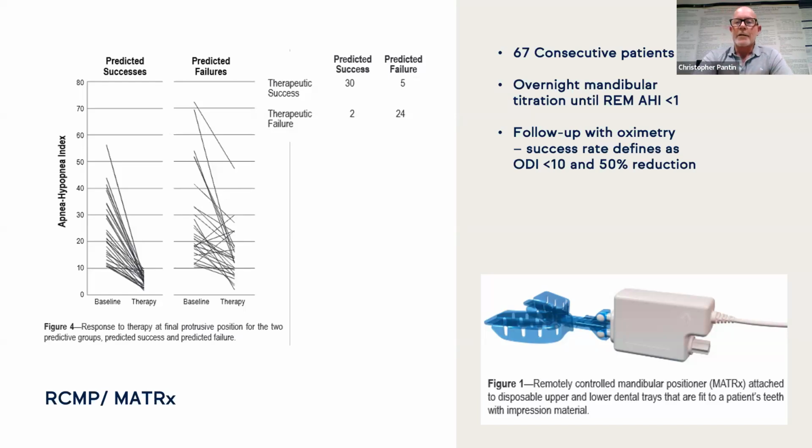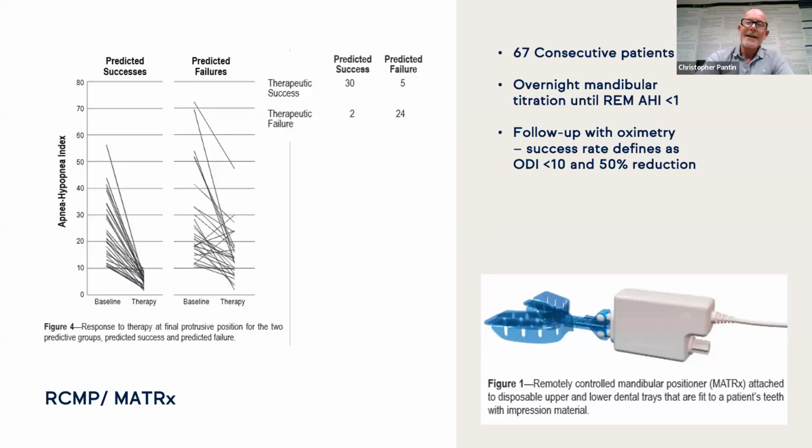They did follow up with oximetry, and success was defined as an ODI less than 10 and at least a 50% reduction in ODI. The net result was that they predicted success with a mandibular advancement splint in 30 patients, but 2 of them actually failed.